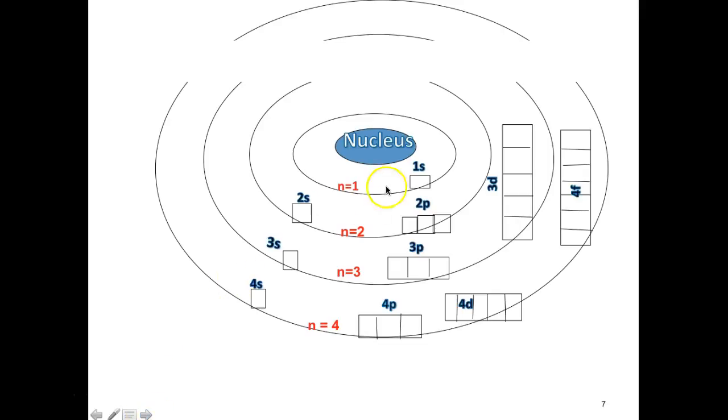The other thing to take away from this diagram is that within these main energy levels, the principal quantum number, you have what are called sublevels, all right? Those sublevels are given the labels S, P, D, and F, all right?